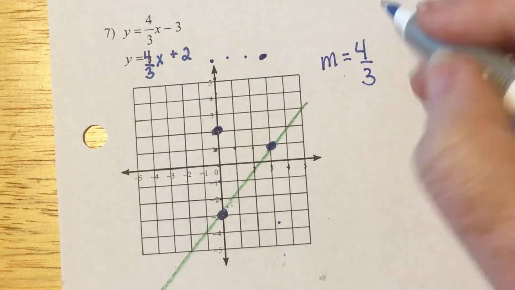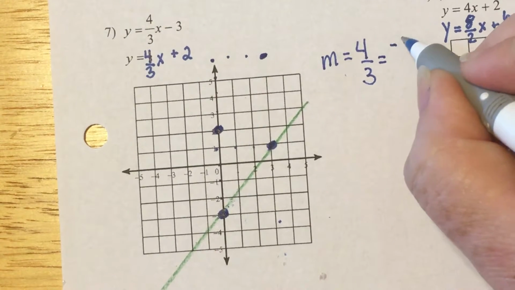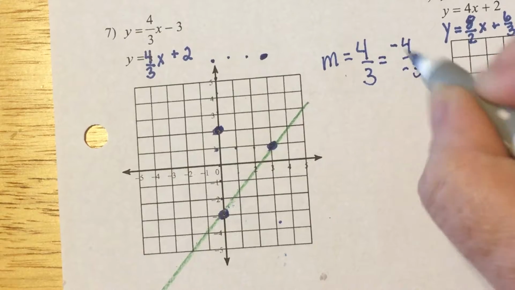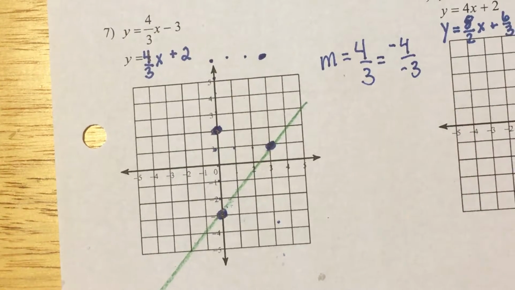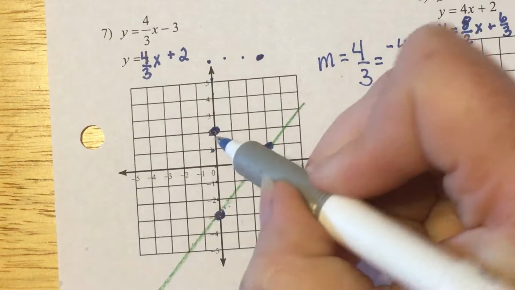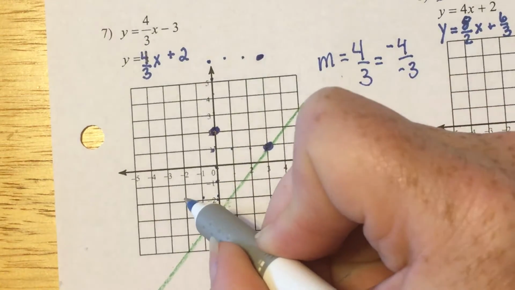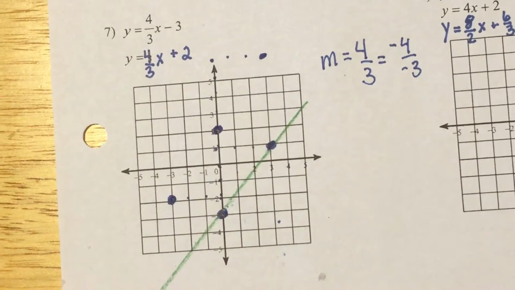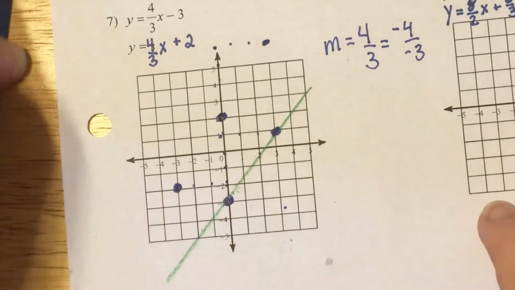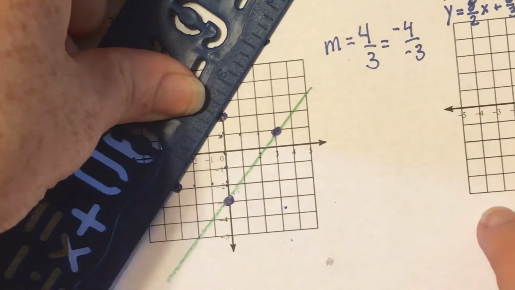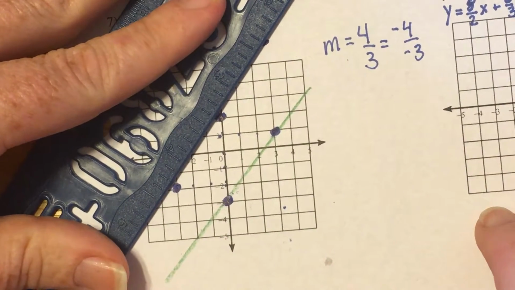You have 4 over 3. Well, that's the same thing as negative 4 over negative 3. Both of these will give you a positive 4/3 when divided through. So I can go down 4 and left 3 and be at that same line. Again, you want to use a straight edge because human error will make it not look true.